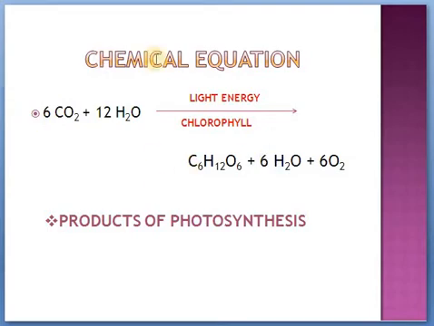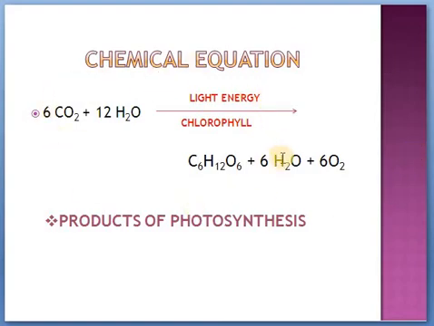So this is the chemical equation for photosynthesis. And what are the two necessary requirements for photosynthesis? Light energy and chlorophyll. Light energy is needed and chlorophyll is the place where the reaction exactly occurs. So photosynthesis occurs in the presence of light energy and chlorophyll is the location where it is occurring.